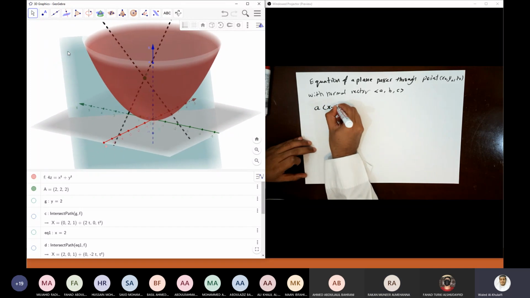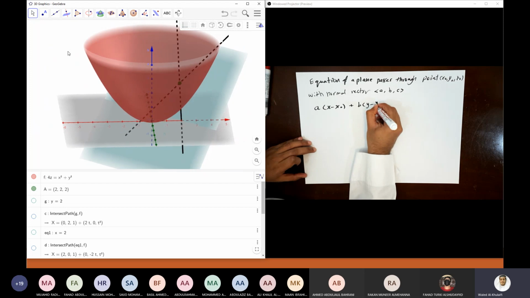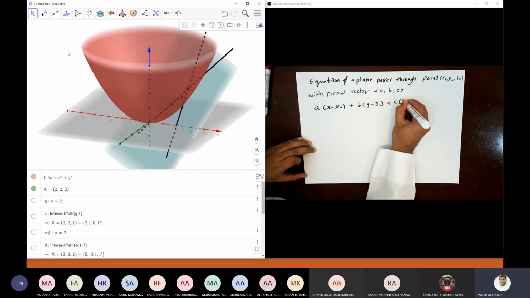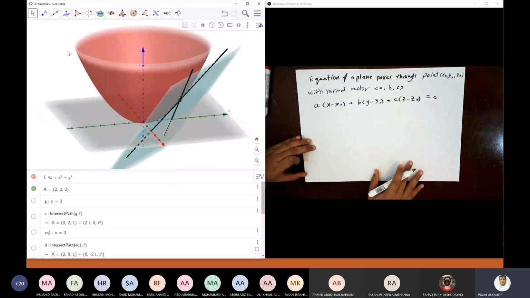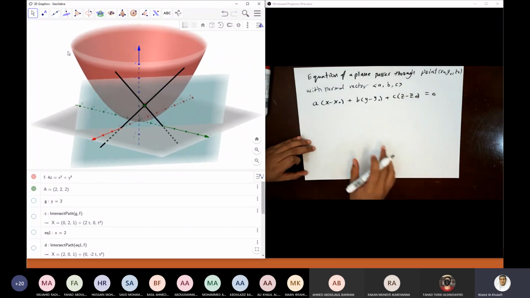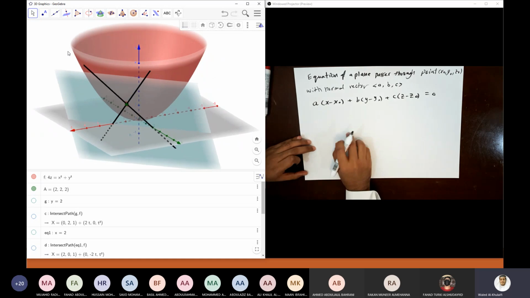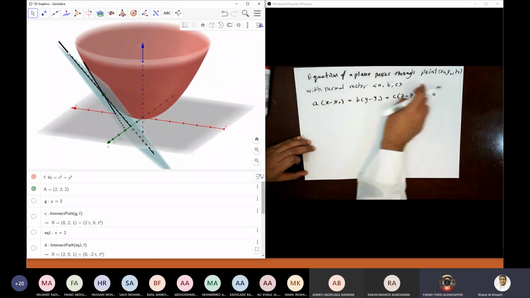a(x minus x naught) plus b(y minus y naught) plus c(z minus z naught) equal to 0. So this is what we took in the previous one. We will rearrange this equation. I will take these two terms to the other side.